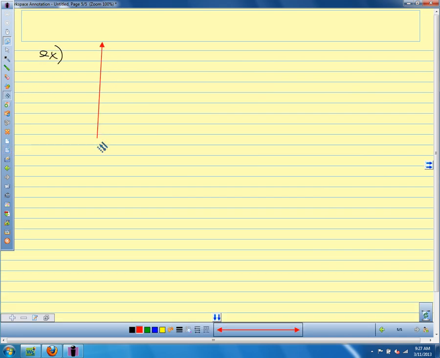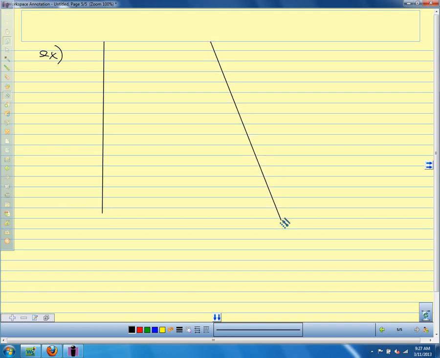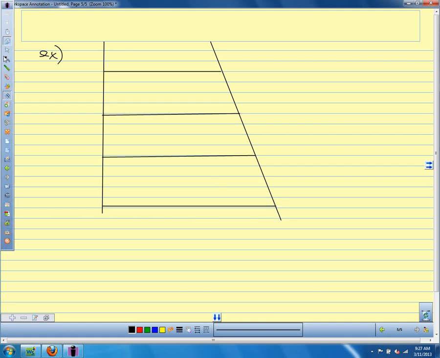So here's our setup. We have this shape, whatever it is, divided this way.